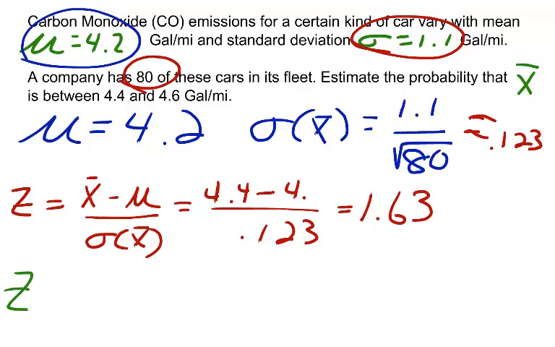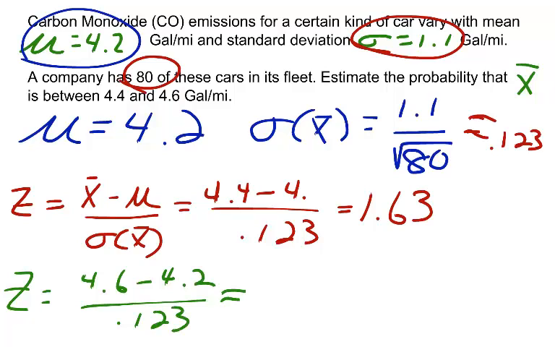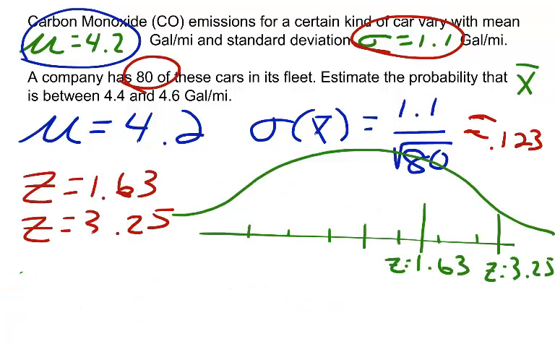Our z-score for 4.6 is 4.6 minus 4.2 divided by 0.123, which yields a z-score of 3.25. Now we can use our graphing calculator to determine the probability that our sample mean x bar is between 4.4 and 4.6.